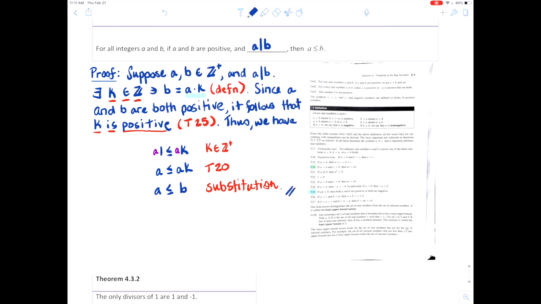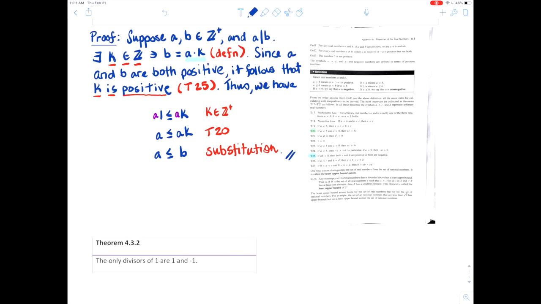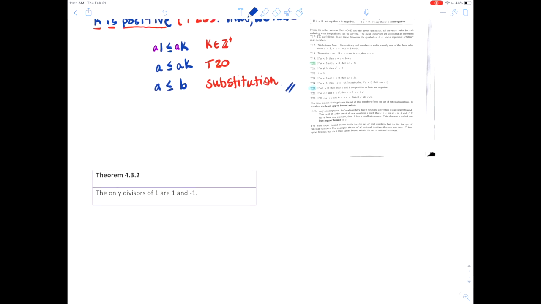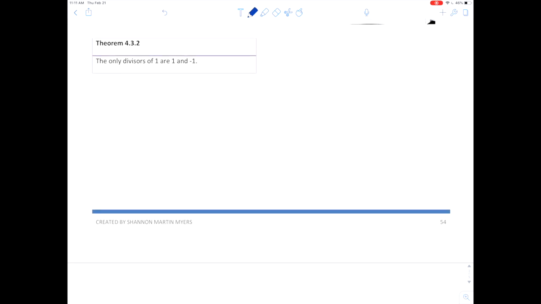Right? That's what we needed to show. Aren't proofs fun? Don't be scared of them. They're actually really cool. And all proofs typically will fall out by definitions in previously shown theorems, if not all.